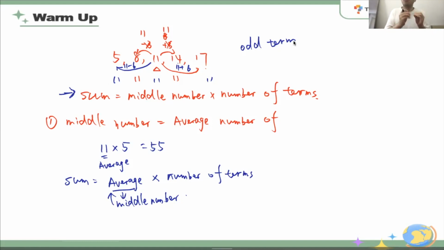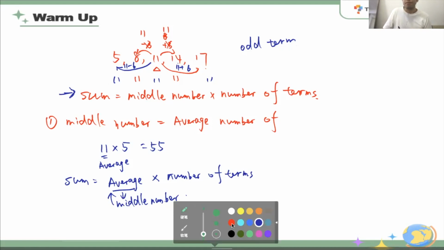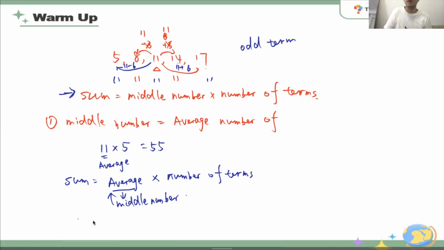Okay, I will show you another sequence. That may be 4, 9, 14, 19, 24, and 29. So can we still use this method to find the sum?